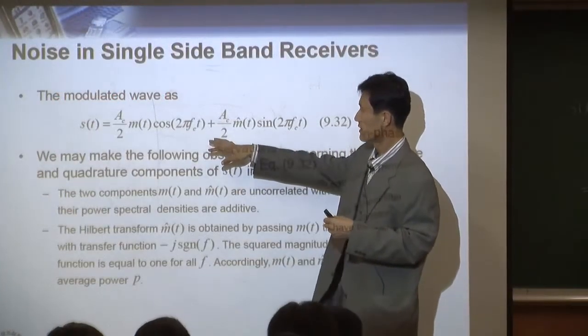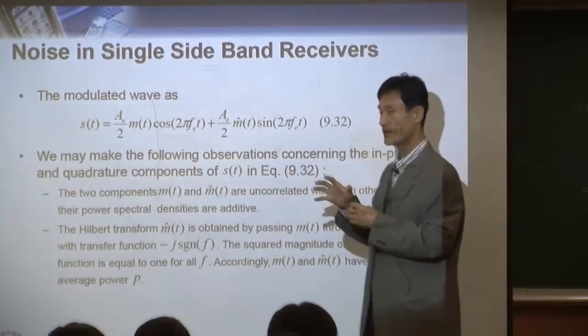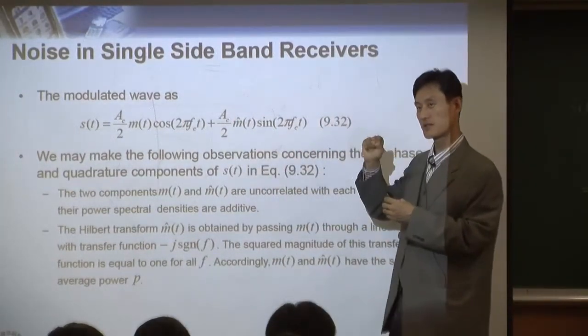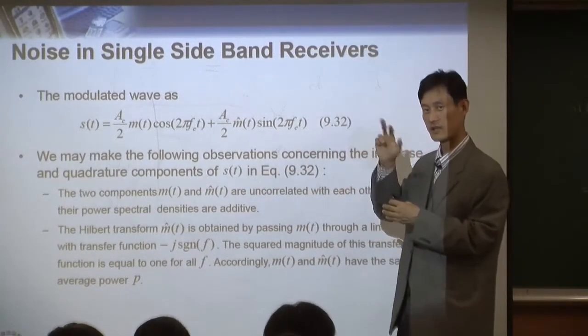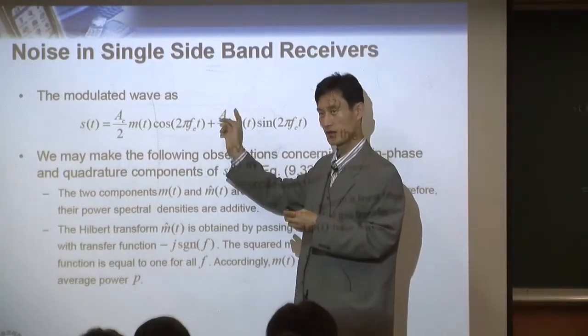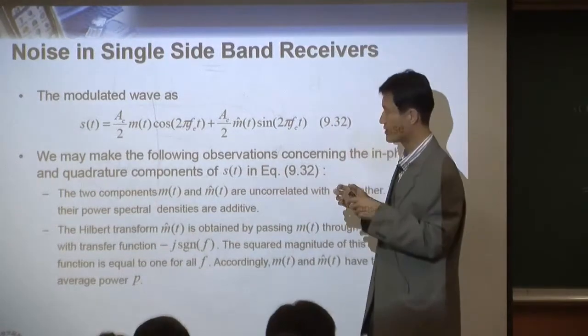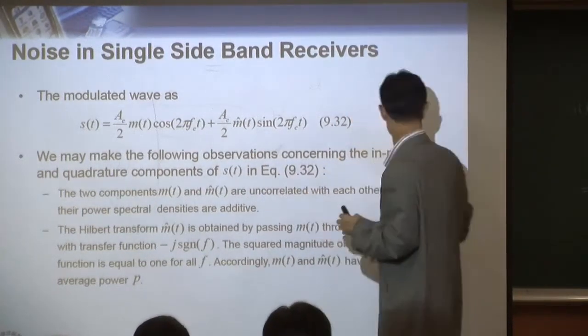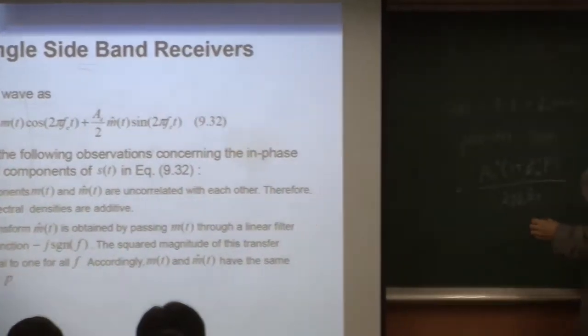Simply, let's calculate the pre-detection. In pre-detection, this is the signal over there. So grab this signal and square it, and then take an expectation. So let's do the square over here. Because the first thing to do is to calculate the signal power, the average signal power.